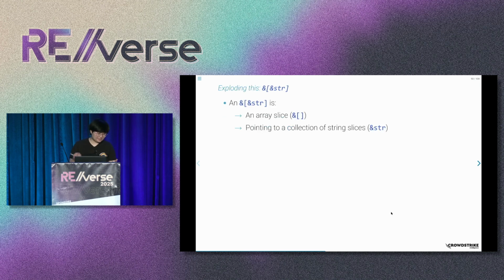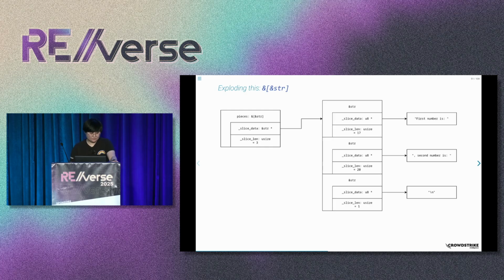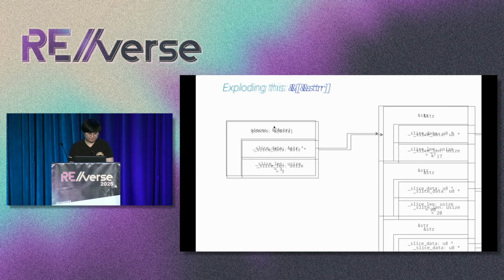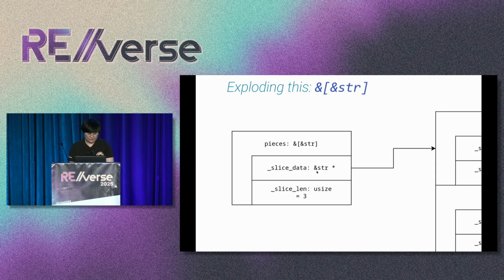Again, the &str is an array slice, which contains a collection of literal strings, which are string slices. It's going to look something like this, where suppose we have 3 string literals here that we want to represent. We're going to have a pointer here as the slice data that points to the beginning of where those string literals are.